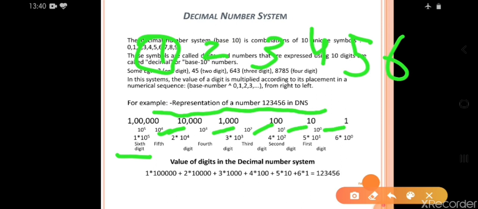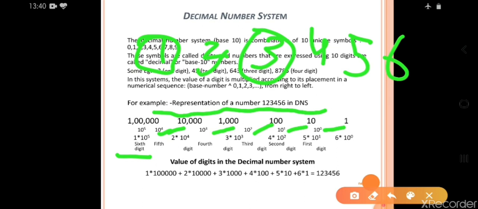Then the 5th digit, 2, is multiplied into 10 to the power 4. The 4th digit, 3, into 10 to the power 3. Sorry, the 3rd digit 4 into 10 to the power 2. Then the 2nd digit 5 into 10 to the power 1. And the 1st digit 6 into 10 to the power 0.